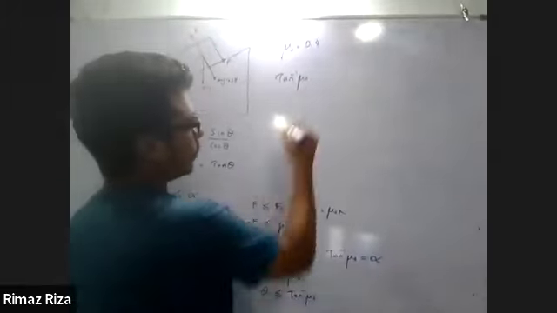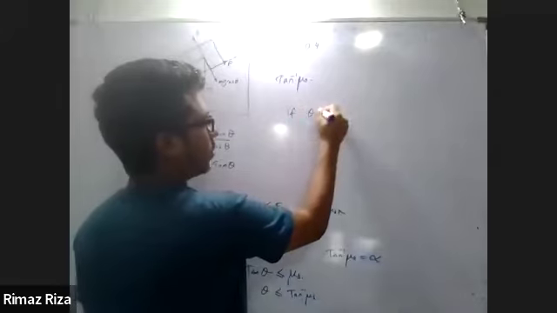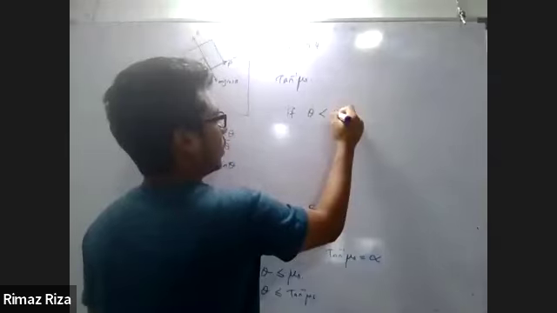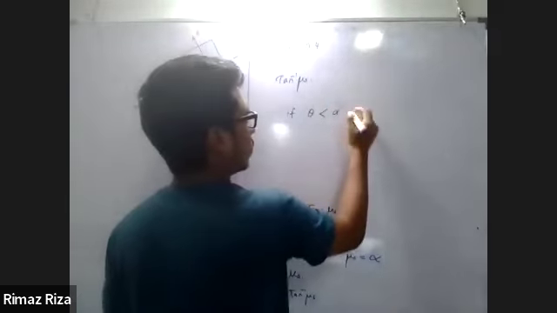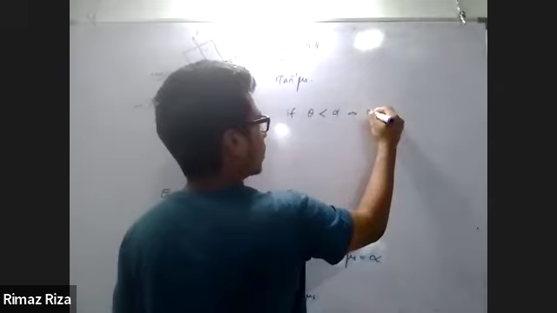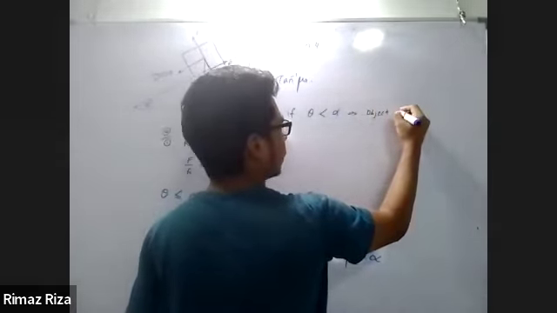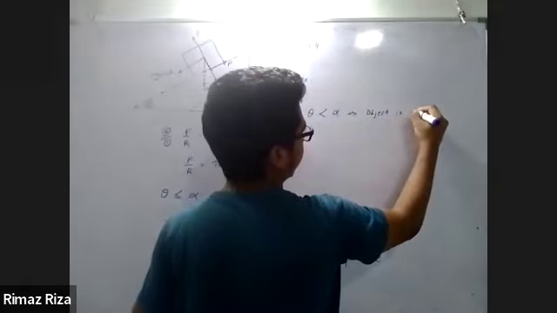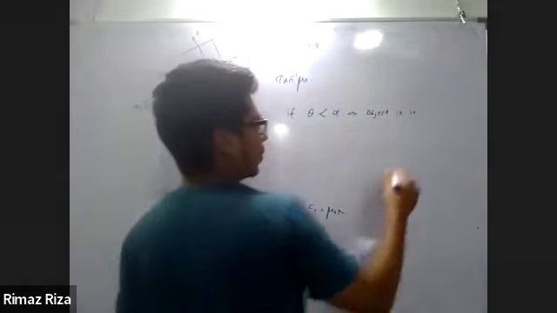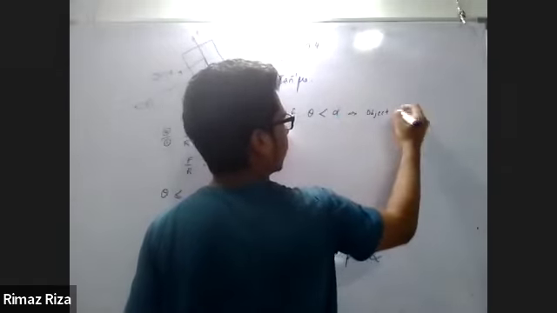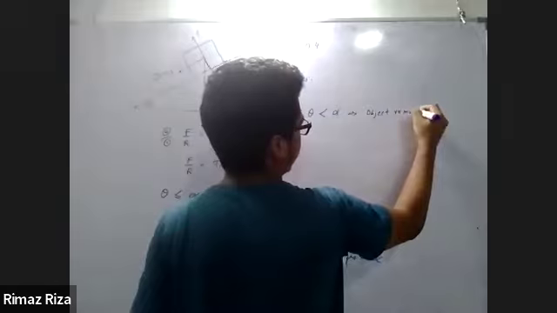So I can give: if theta is less than alpha, the object is in equilibrium. The object remains at rest.